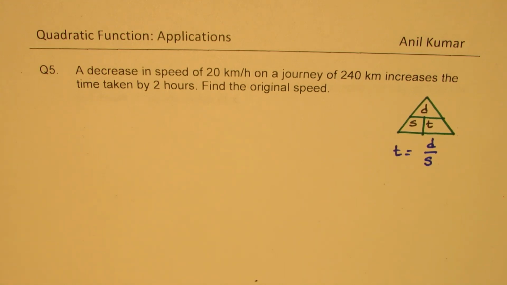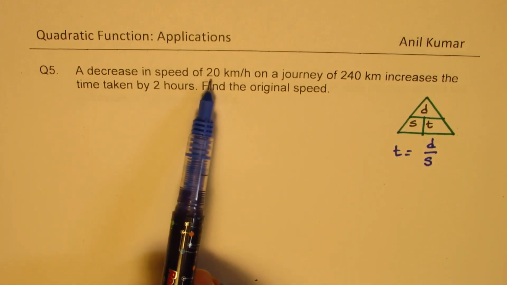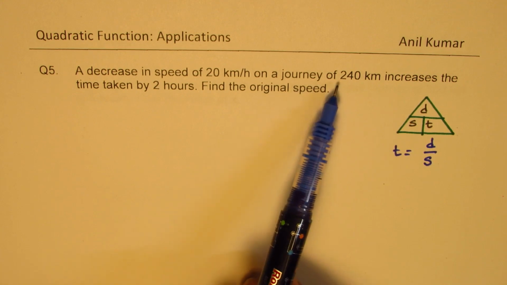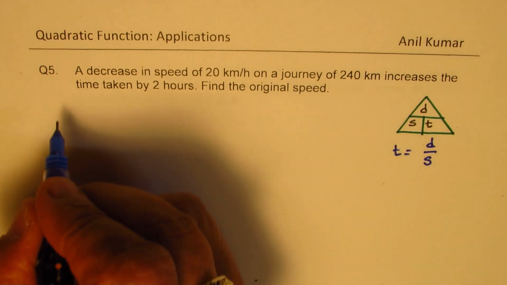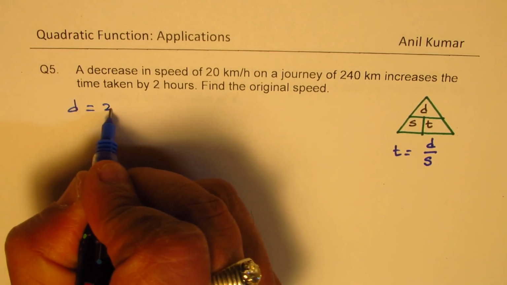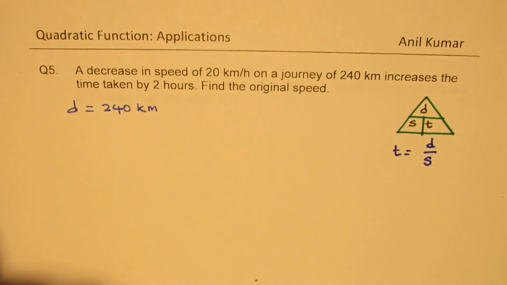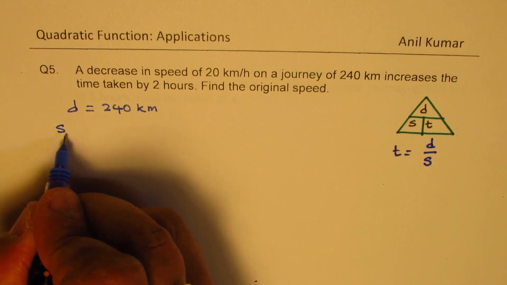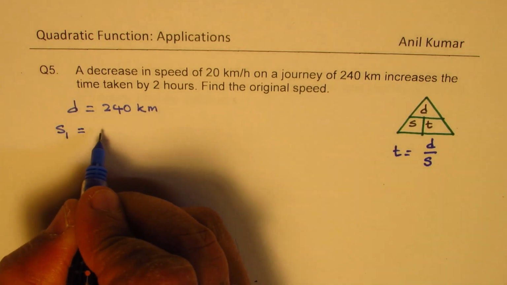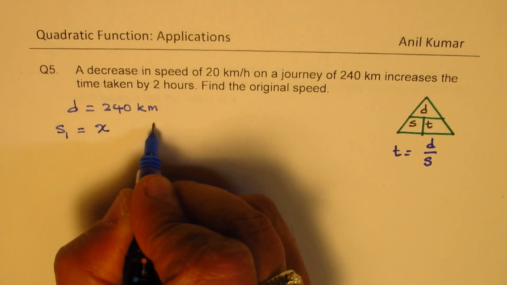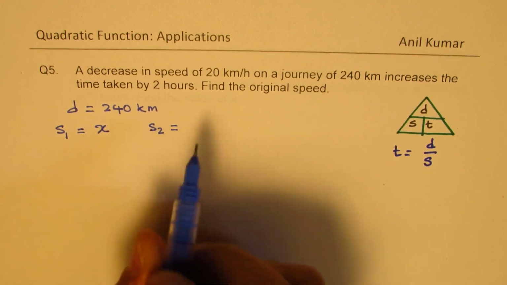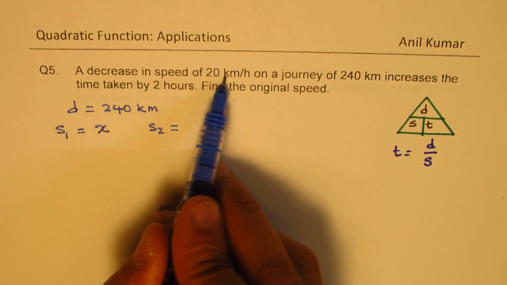Okay, the very first question here, question number 5, is a decrease in speed of 20 kilometers per hour on a journey of 240 kilometers. So we are given distance d of 240 kilometers. Now we are given 2 speeds here. One speed, let's say S1, we don't know, let's say x, and the second speed S2 is a decrease in speed by 20.